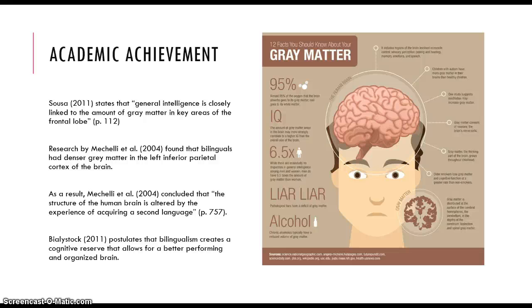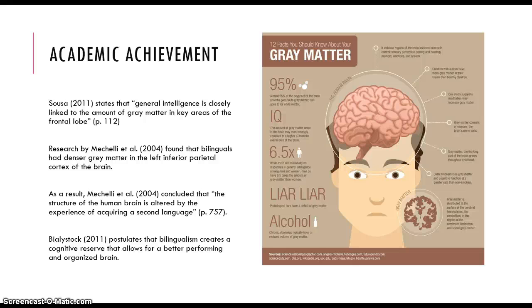Mechelli and her colleagues were able to conclude that the structure of the human brain is altered by the experience of acquiring a second language. So in the previous study that we talked about, there was evidence of a different neural signature, and now we're seeing a difference in the actual landscape of the brain. So beyond the electrical firings, there's simply more gray matter, denser gray matter.